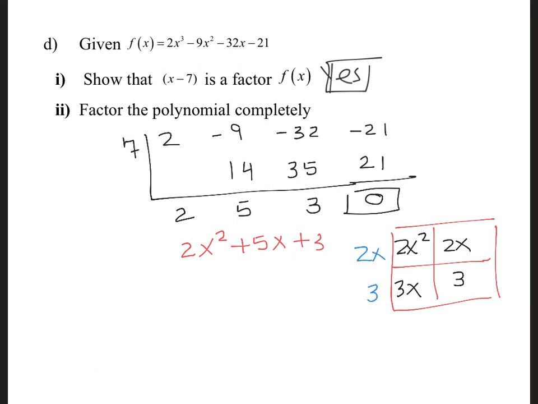What's common here? 3 is common. x is common there. 1 is common. So what are the factors? So f of x is equal to, let me start with the one which was given, x minus 7. And then the other factors we got are x plus 1 and 2x plus 3.